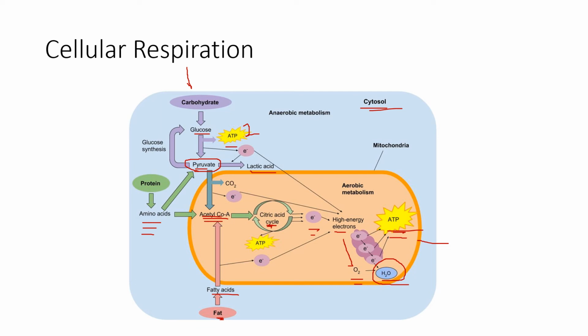Different bonds get broken. Electrons come off of that. These have lots of energy in them because that was the energy in the bonds. The electrons go through the electron transport system. All that energy gets released, and you get about 38 ATP. Electrons eventually join with oxygen to form water.